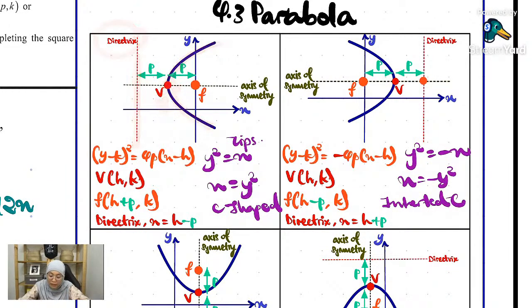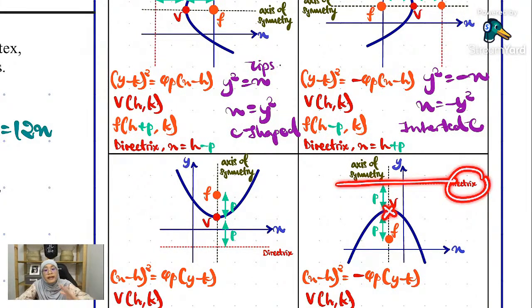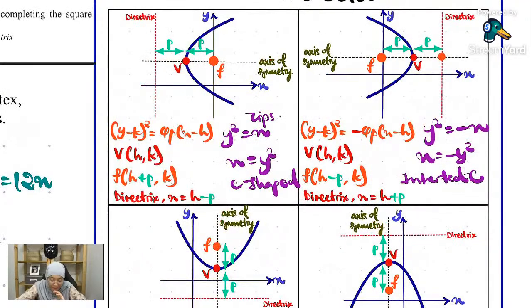Itu sentiasa sama. Let me show you. So this is the vertex. Ini adalah directrix. Bertentangan. Kalau yang ni adalah vertex, sini adalah directrix. Bertentangan. Kalau sini adalah vertex, sini adalah directrix. Okay? So you must be careful. Dia bertentangan. Dan daripada bucu. Okay.